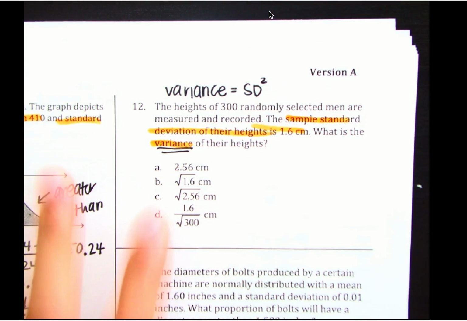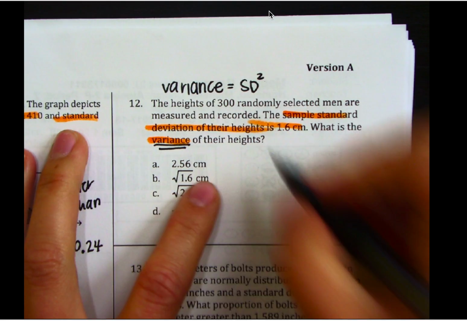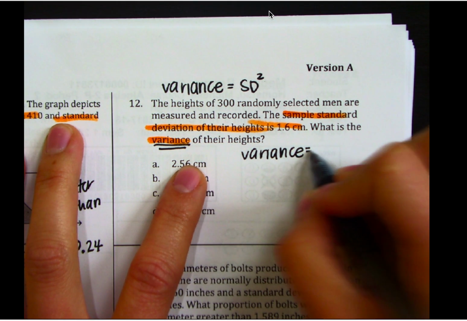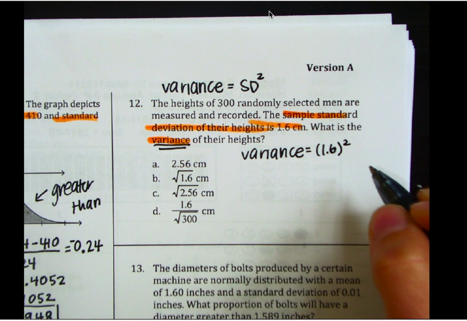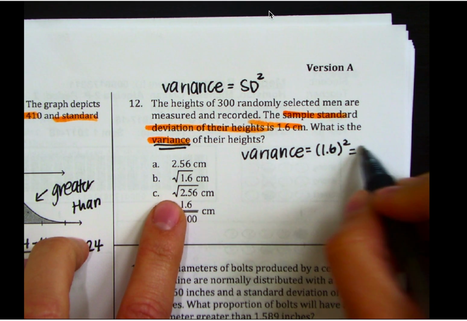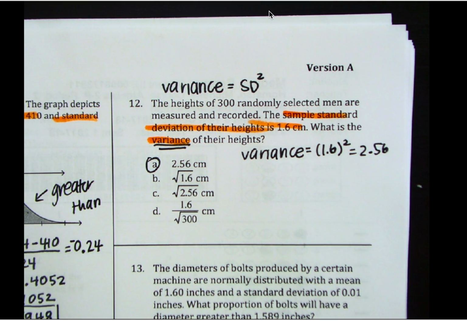Okay, it's just the standard deviation squared. So they're giving us the standard deviation is 1.6. So if I want to find the variance, I just square 1.6. And 1.6 times 1.6 gives us our answer of 2.56 centimeters, okay? So that's one way to look at it.